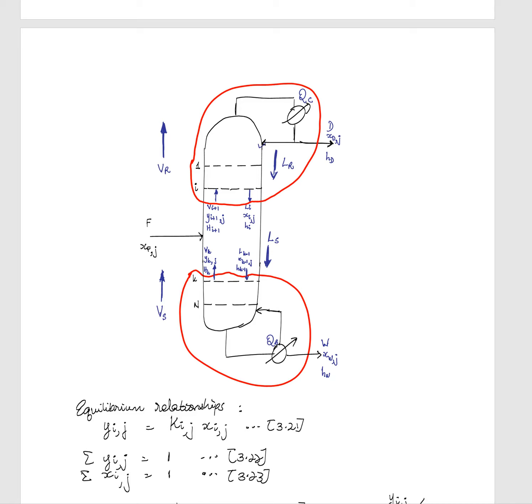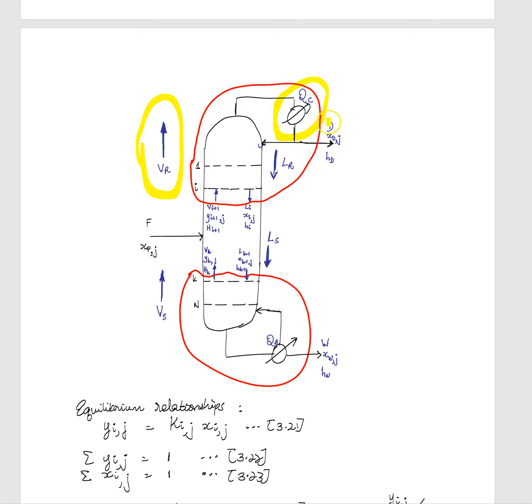So if we look at the diagram, we see that we have a vapor flow rate in the rectifying section that we will call VR. There is some condenser here that will condense our tops product, QC being the heat removed at the condenser.